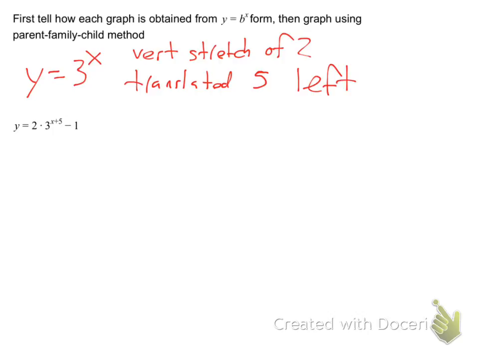It's always the opposite of what you see. And the minus 1, we would say, is translated what? 1 down. Does everybody understand where those all came from? Here's the thing. We have to do all of those to make that graph work.